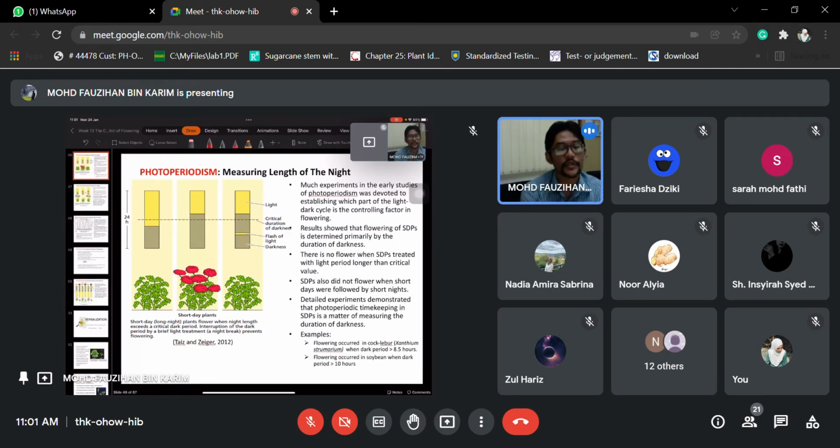Okay, this is the summary. I think this is one of the more explainable ones because there is an image here. All right, so measuring the length of the night. Okay, here is short day plants. It's 12 hours up and 12 hours down, meaning the bottom is dark, the top is light. So the middle is 12 hours, 12 hours each, right?